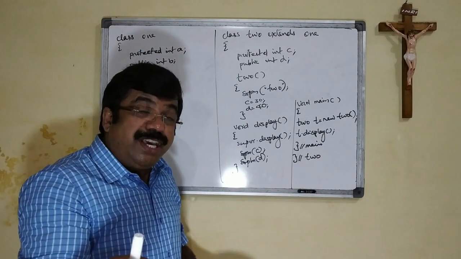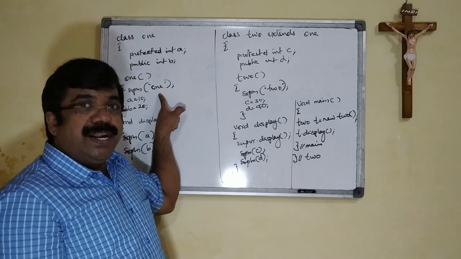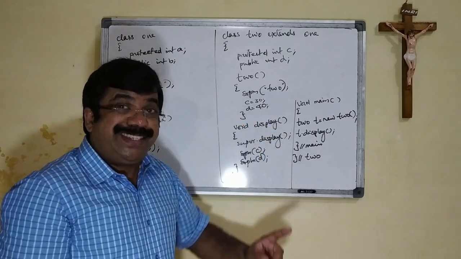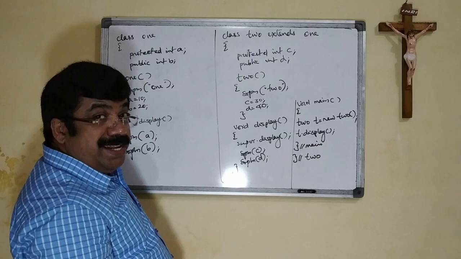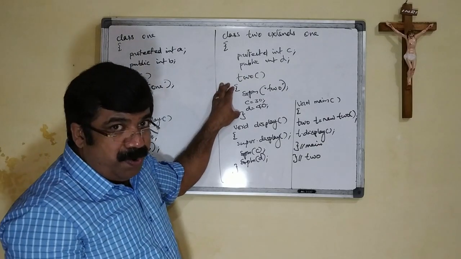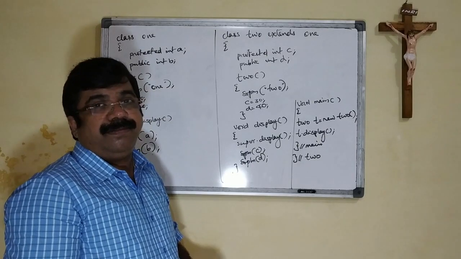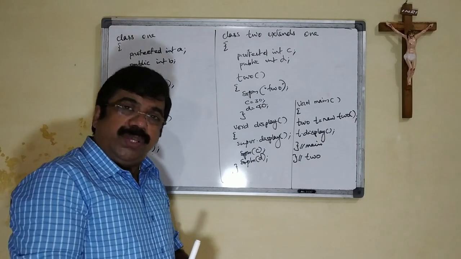So the first message displayed on the screen will be 1. The reason: the constructor of the base class is executed first, and only then the derived class. Once it is completed, we will come to the derived class. So this is what I wanted to say.